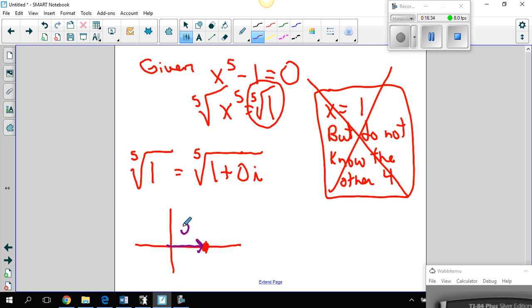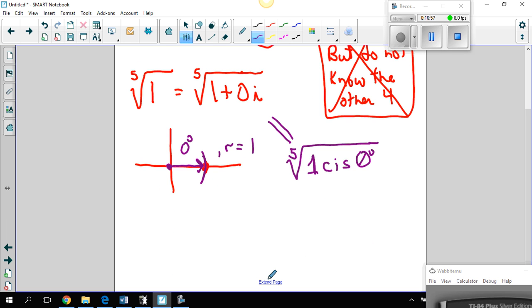My angle is 0 degrees. What's my radius? My radius is 1. Convert this to the 5th root of 1 CIS 0 degrees.